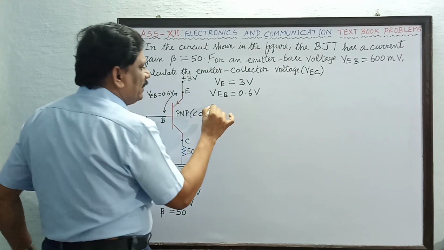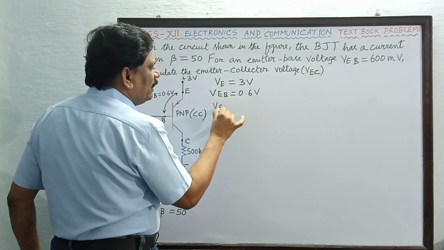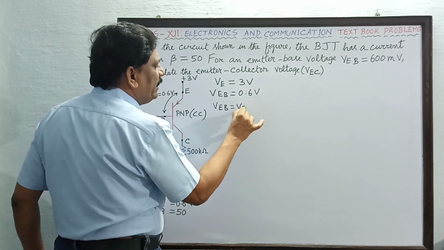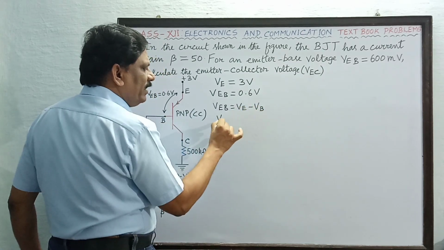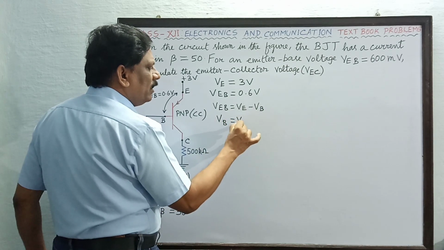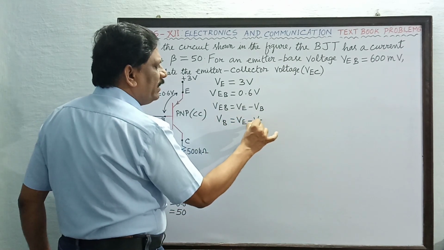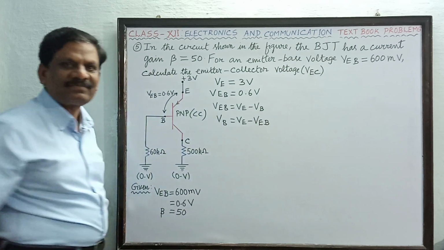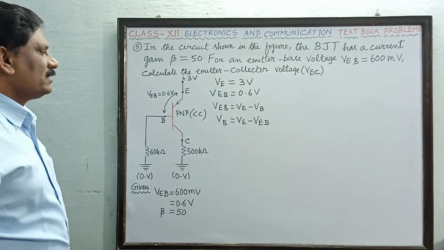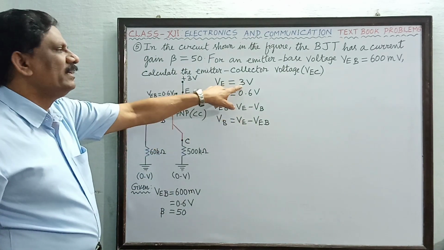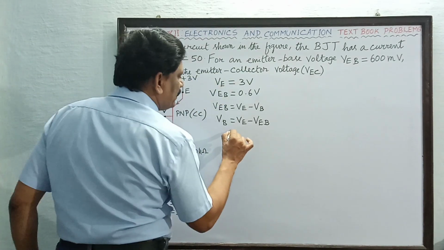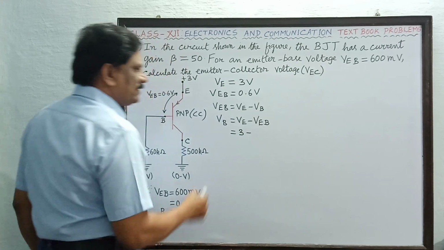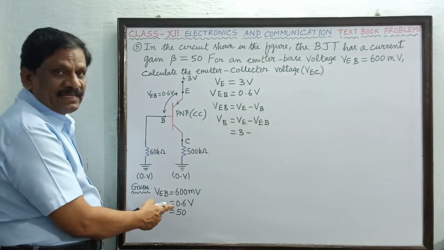Therefore, I can write VEB is equal to VE minus VB, or VB is equal to VE minus VEB. What is VE here? VE is 3 volt. The emitter is at a potential of 3 volt. So this is equal to 3 minus VEB, given as 0.6 volt.